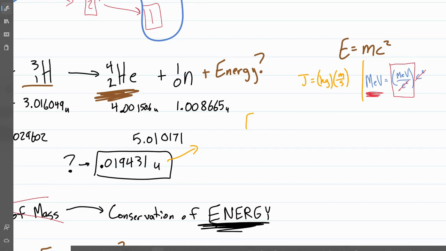For our mass, we get 3.23 times 10 to the minus 29 kilograms. The speed of light is 3 times 10 to the 8th, and that gets squared. If we multiply those together, times 3 e to the 8th squared, I get 2.9 times 10 to the minus 12 joules.